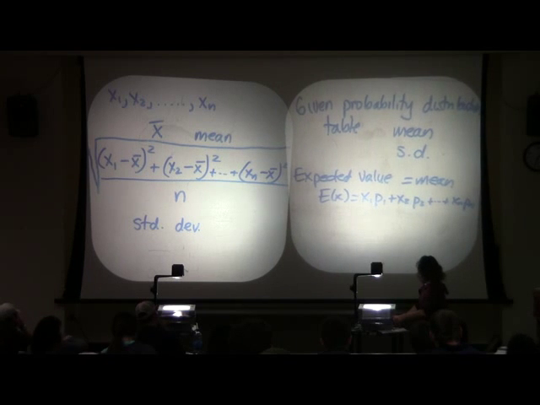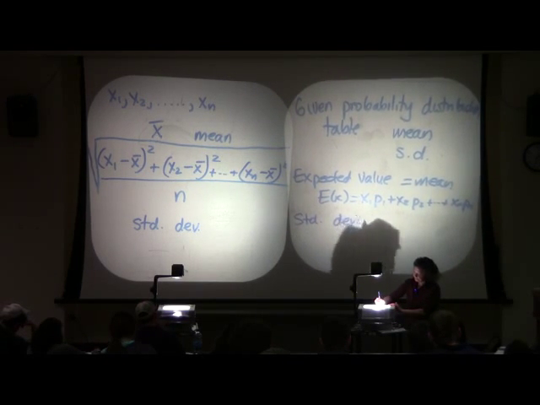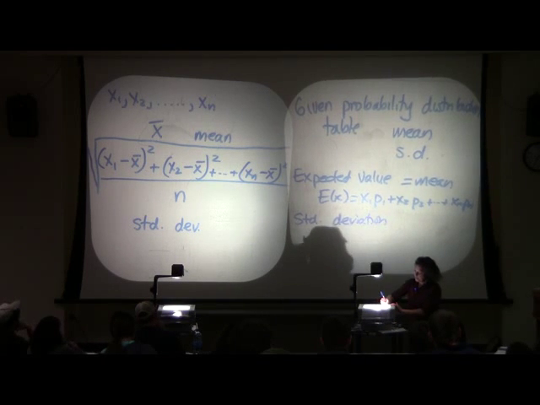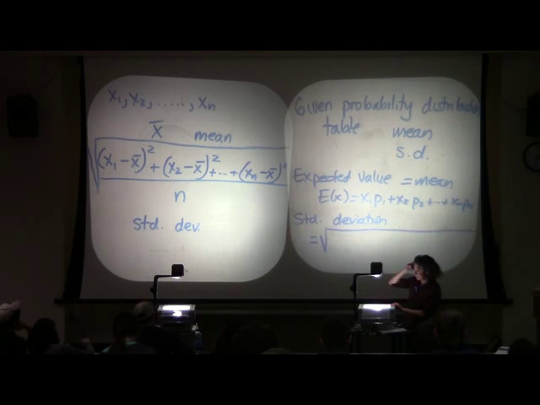And the formula to get your standard deviation when you have a probability distribution table, this is the formula you need.